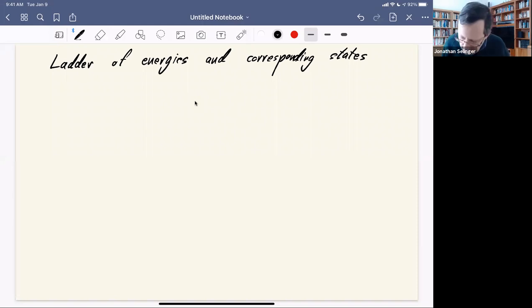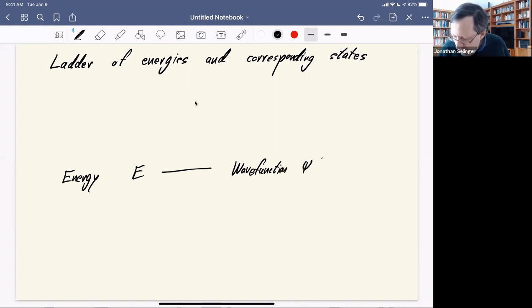So I could say, here is the state that we start with. It has an energy of E and a wave function, just psi of x. Now I could hit it with A plus.